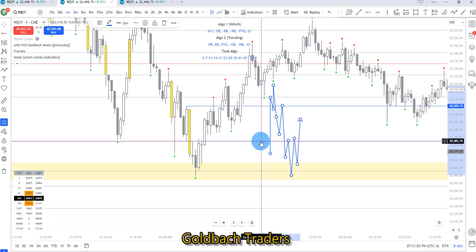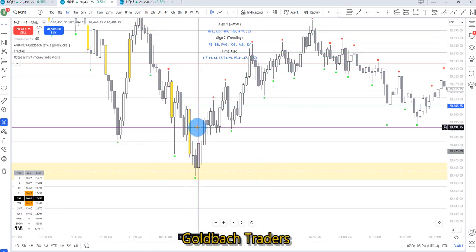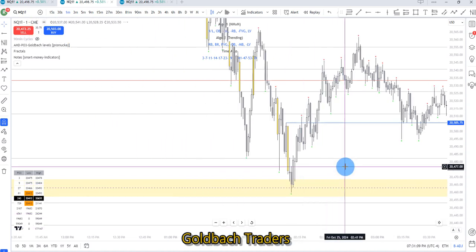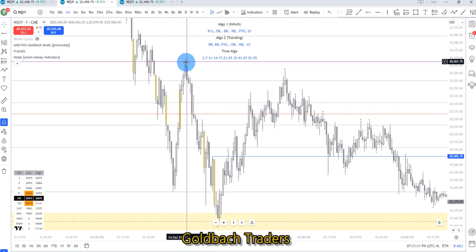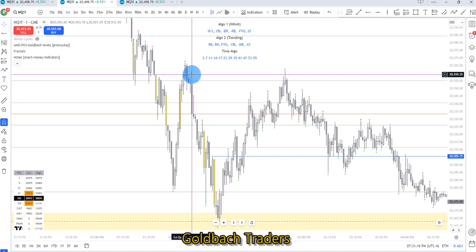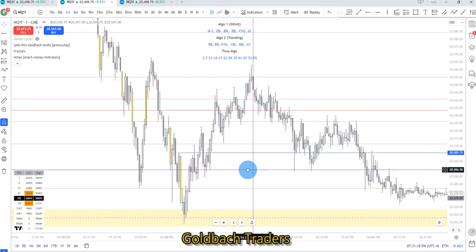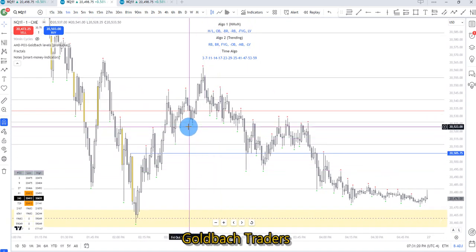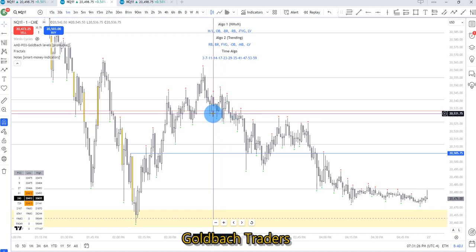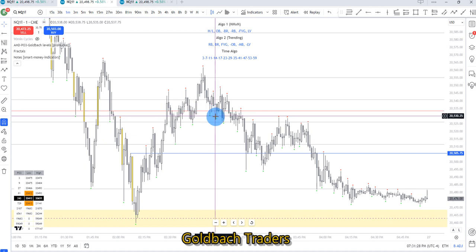Okay, so that's just a little bit of a tidbit of how I trade it. Now on this particular trade, I was trying to hold it till it broke this, and it didn't. It just came in here and mitigated this order block, and I got out somewhere I think right in here, because I was hoping that it wasn't going to keep going lower, but as you can see, it broke it, and then it broke it.